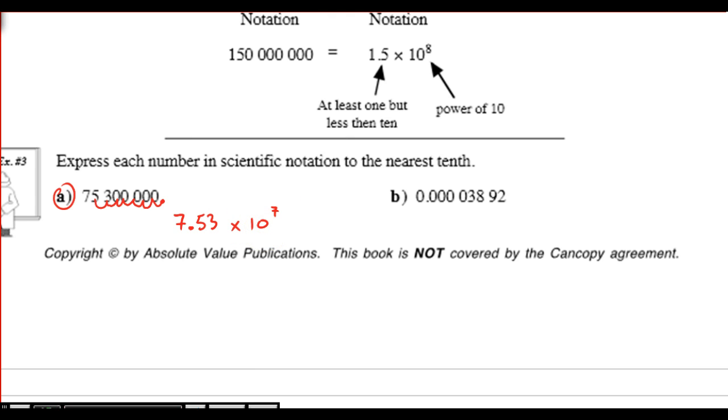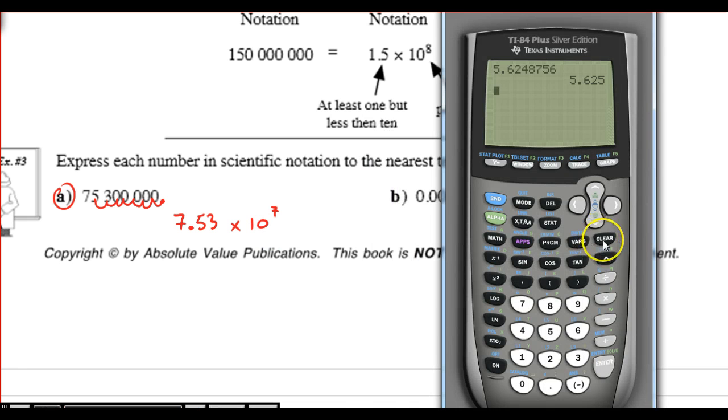In other words, I can check that on my calculator. If I go 7.53 times 10 to the exponent 7, I will get the same answer as in A here.